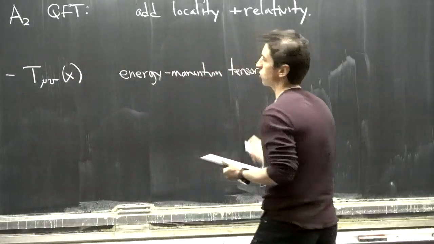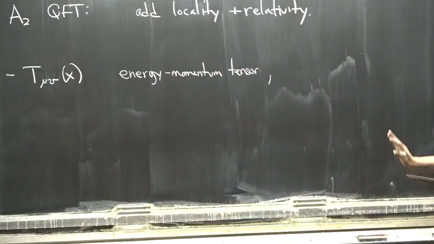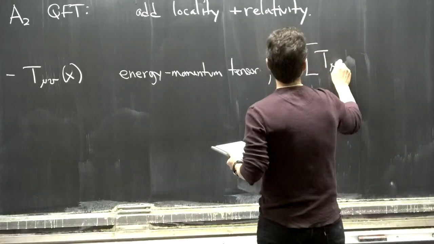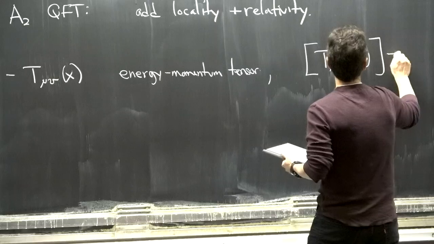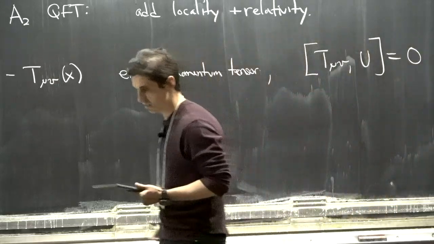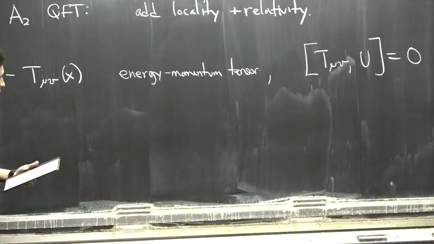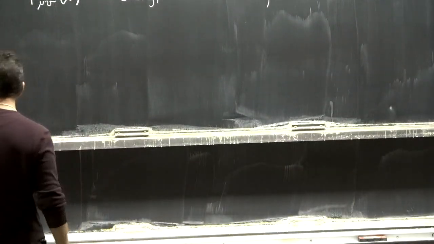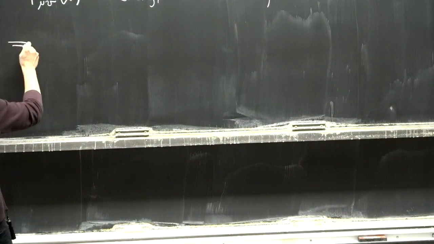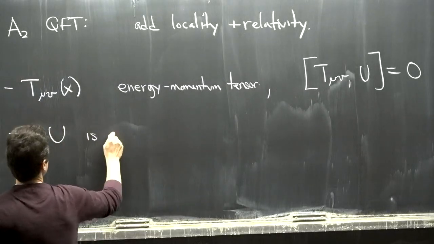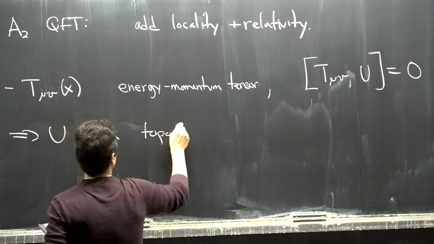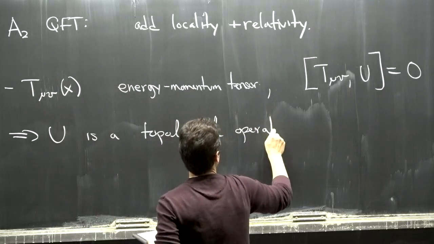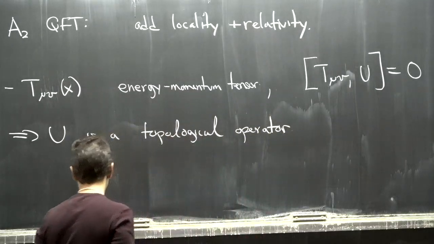And instead of just requiring that a symmetry commute with the Hamiltonian, we will, as Hotat has discussed, require that it commute with the whole energy momentum tensor. That's a kind of locality assumption. This implies that U is a topological operator. So we're going to work with that.